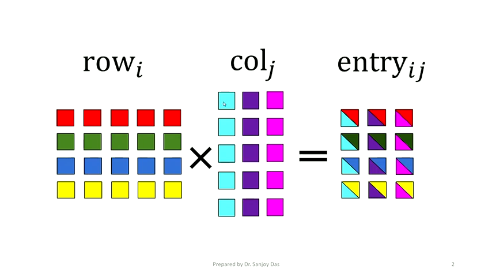First row, first column gives you this entry here, I1,1. First row, second column gives you this. First row, third column gives you this. It's properly color-coded. And likewise, for the last row, you multiply it with the first, second, and third columns of the second matrix, and you get these.